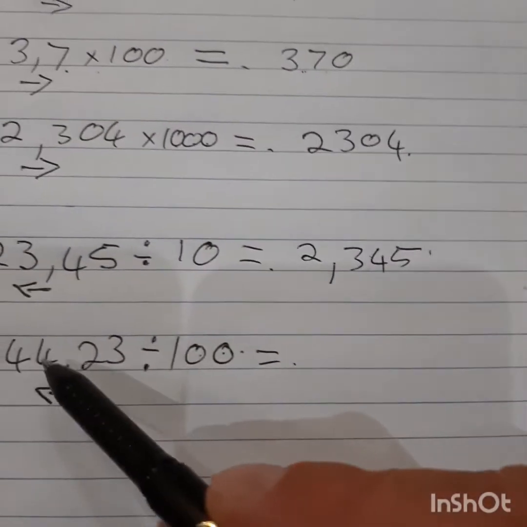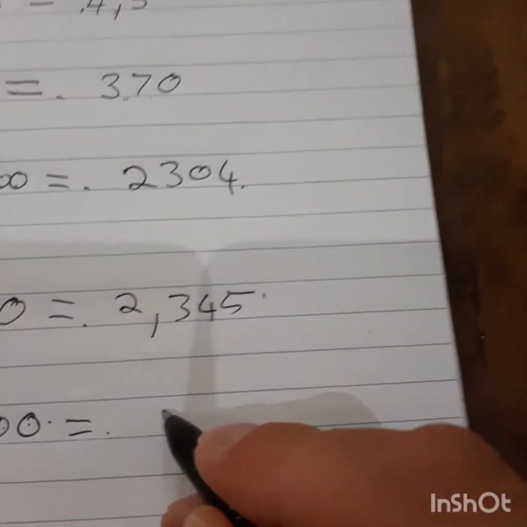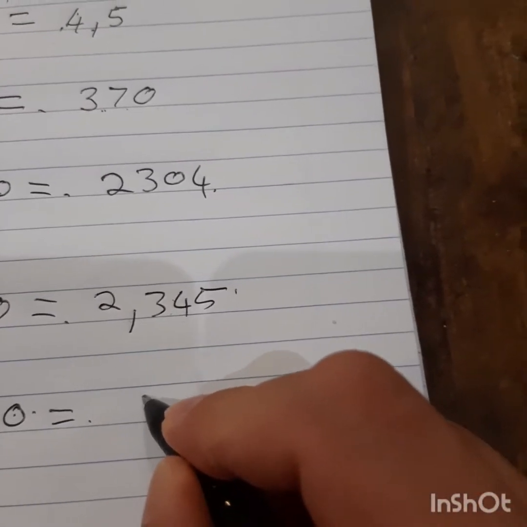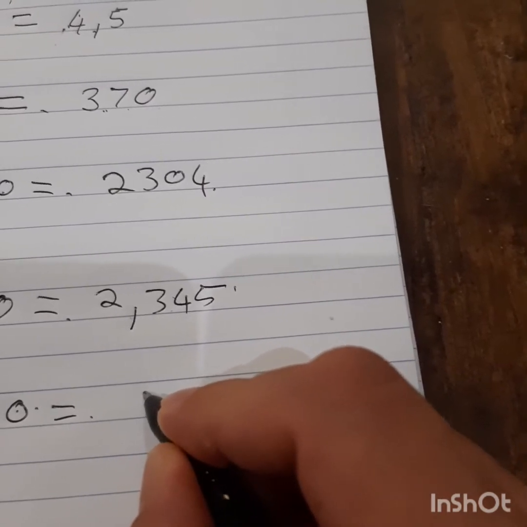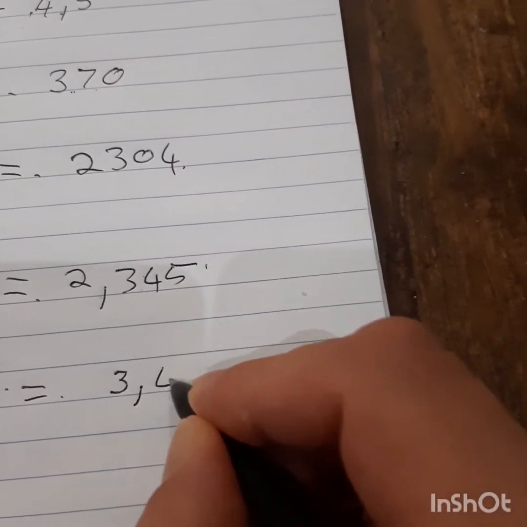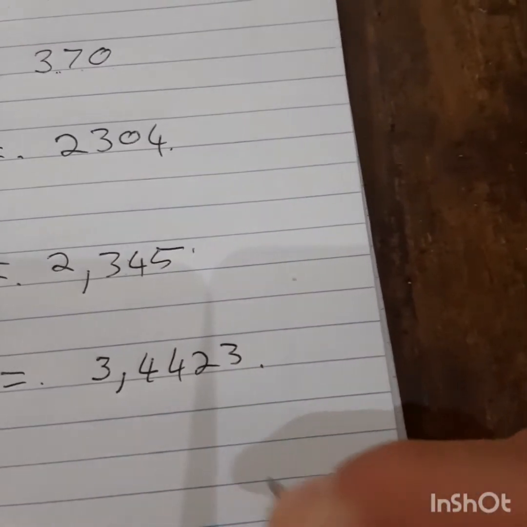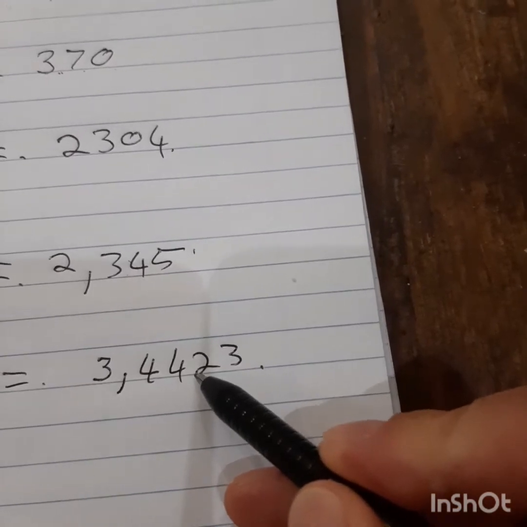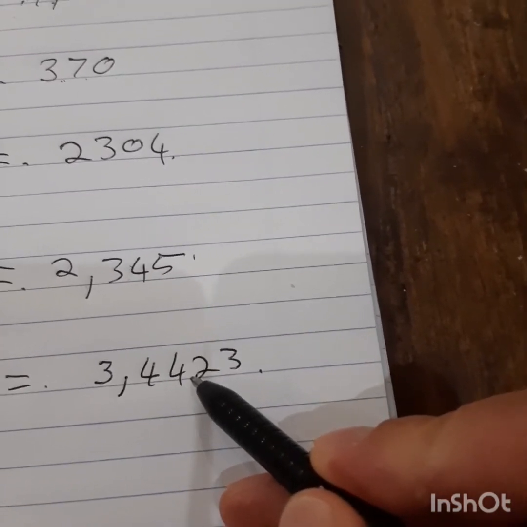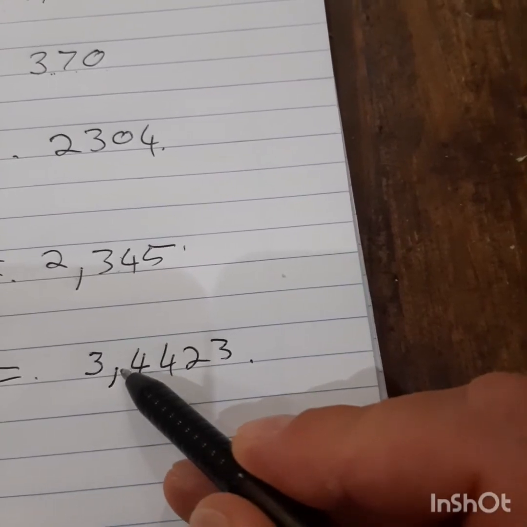It's going to become 100 times smaller. So your answer is going to be 3,4,4,2,3. The comma has shifted from over here 2 decimal places, 1, 2, towards the left.